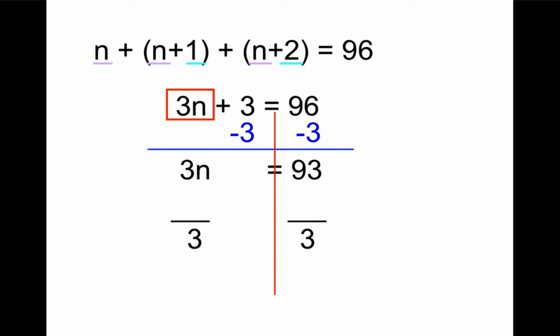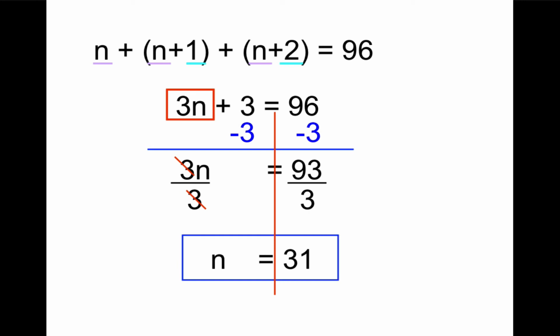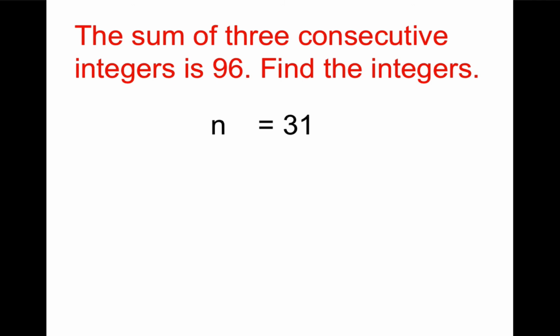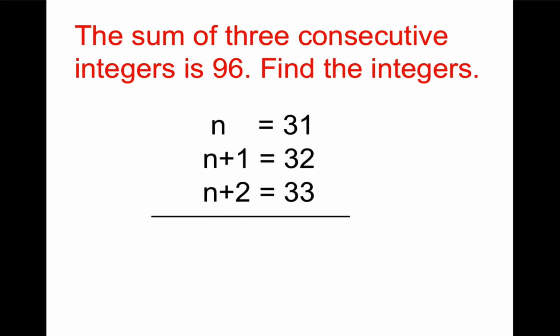And step 2, divide by 3, and we get n equals 31. Once again, 31 is only a single integer, and our question was asking for the 3 consecutive integers that add up to 96. So that would be 31 and 32 and 33. Those are the 3 consecutive integers, and once again they do add up to 96, so that checks out.